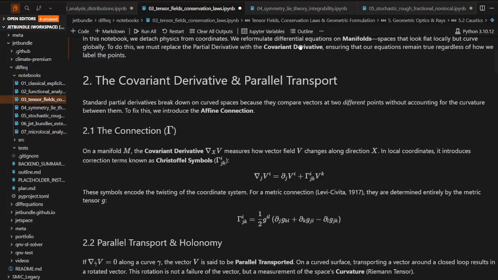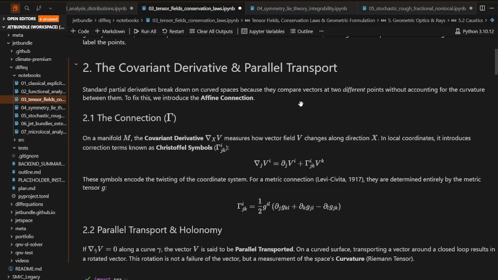So standard partial derivatives fail on curved spaces because we compare vectors at nearby points without considering how they bend. This allows us to define something called the covariant derivative, which fixes this with something we call an affine connection.